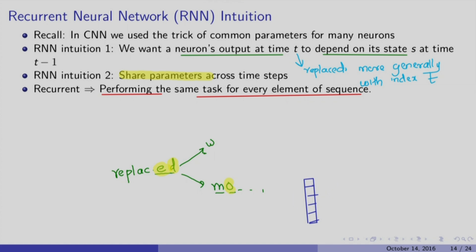So based on the current input, I am going to make a bunch of predictions through a hidden layer. So I might have a hidden layer here with H1, H2 and so on, and based on the hidden layer of course I can make an output prediction.